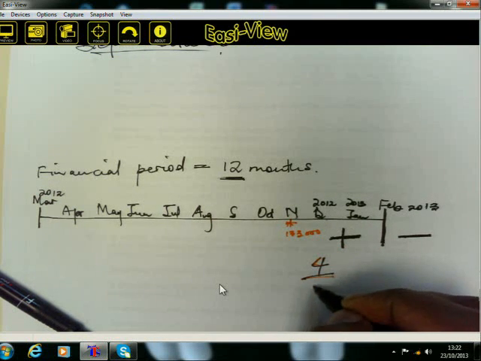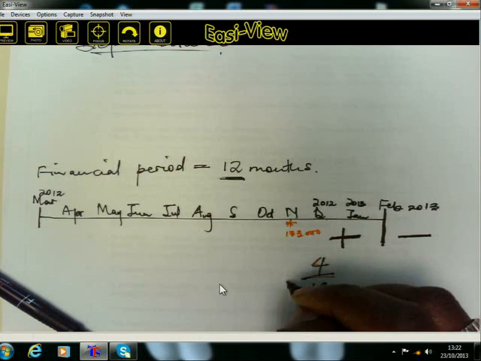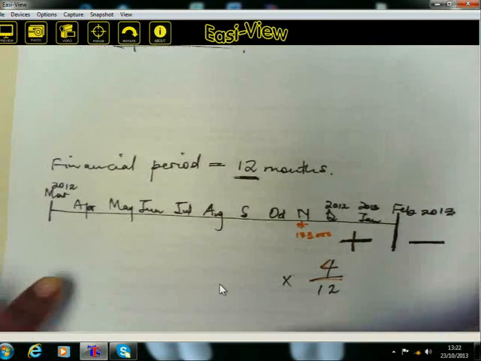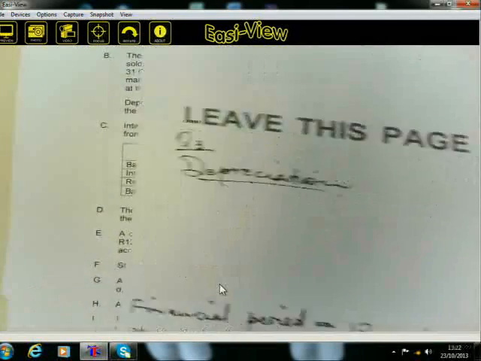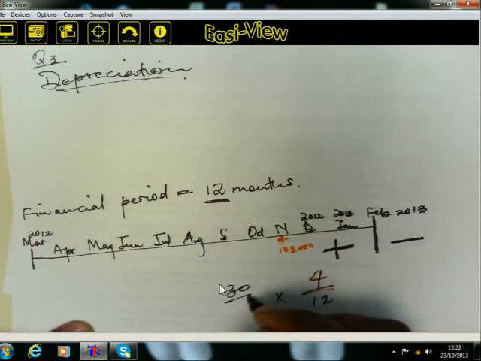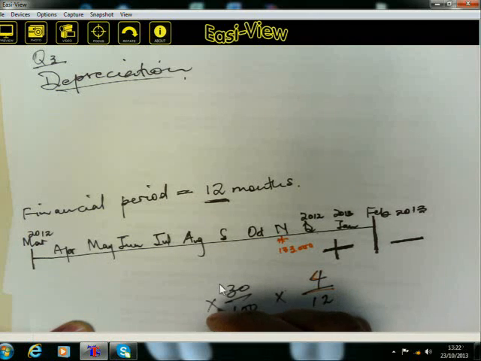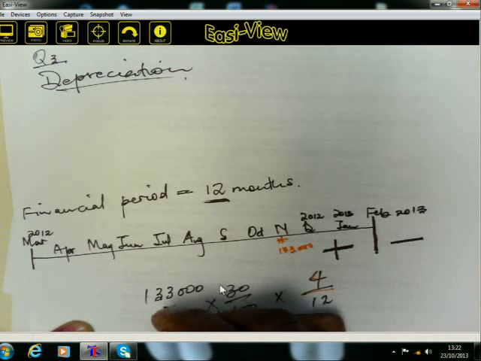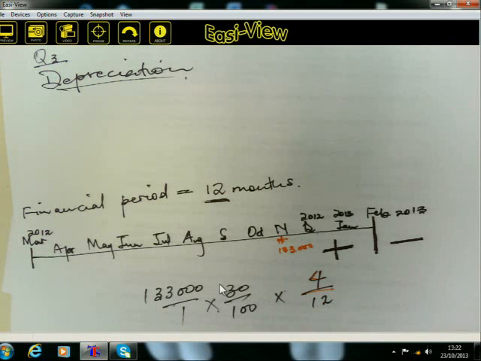According to the question paper, it must depreciate at 30%, which is 30 over 100 on the cost price, because at this stage it's a new vehicle. It was never used before then.